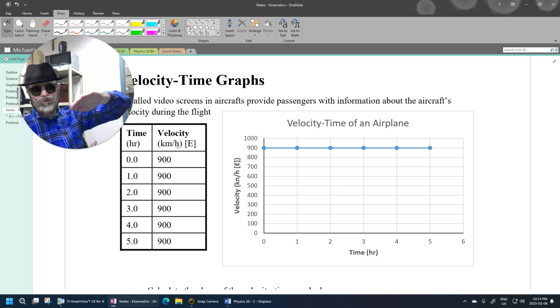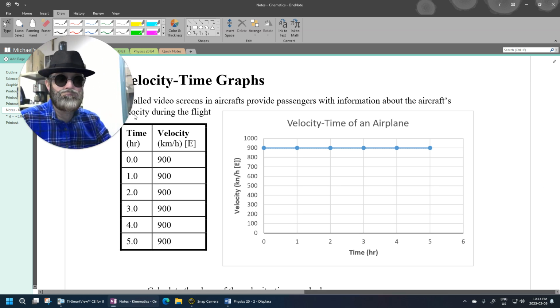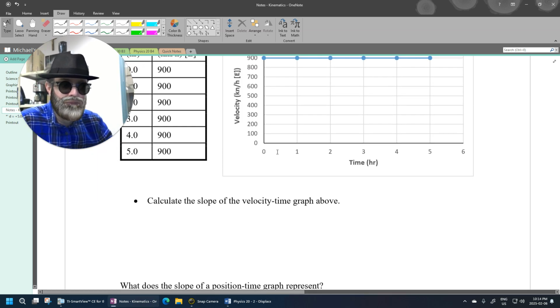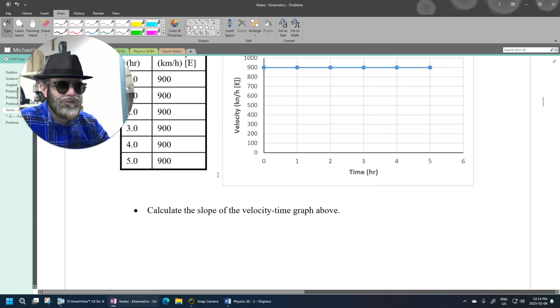And I have a nice straight line. So I would have constant uniform motion here. And the slope of that graph would just be 900 because, remember, the slope of a position time graph will just be the velocity, if it's a nice constant velocity, of that object. Now, what is the slope of this graph?